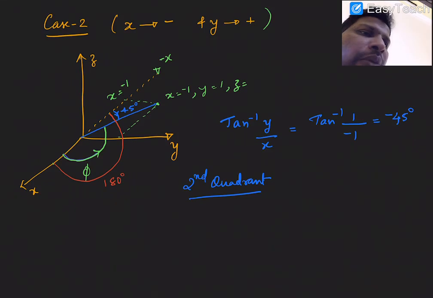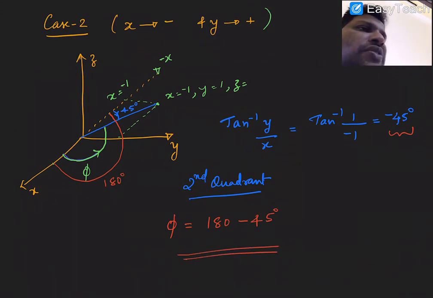So you can calculate your phi as 180 minus this 45, or whatever angle you are getting here. That gives you the actual angle. So this is the idea. Next, we will see what will happen if we consider the third quadrant.